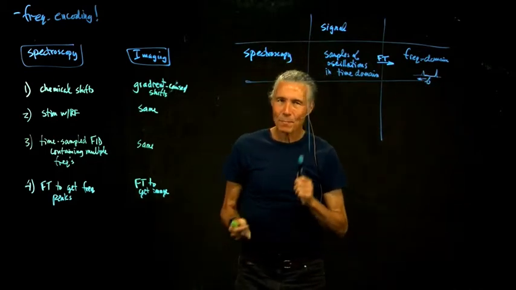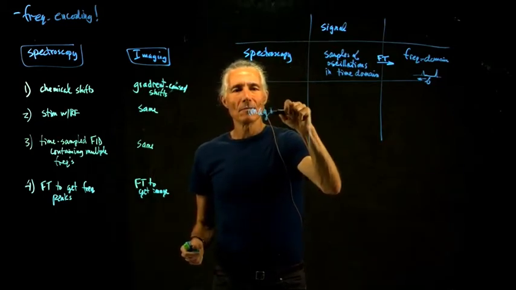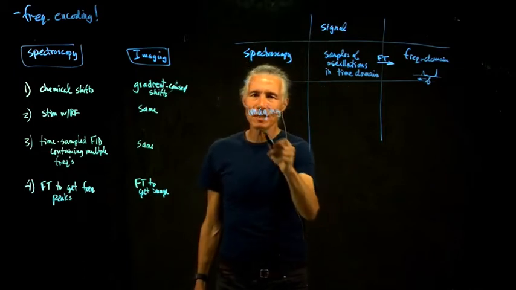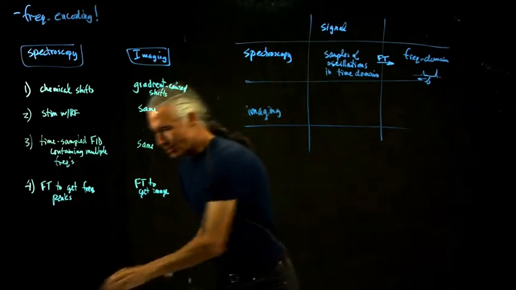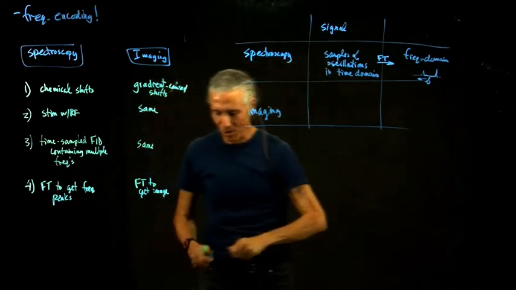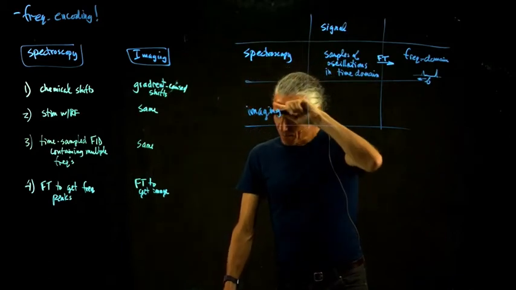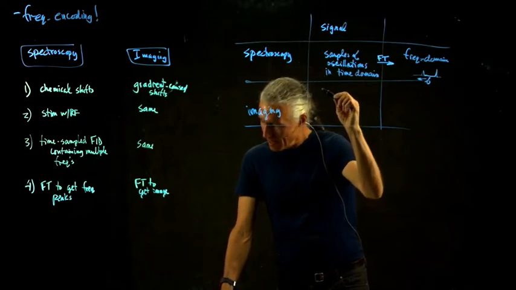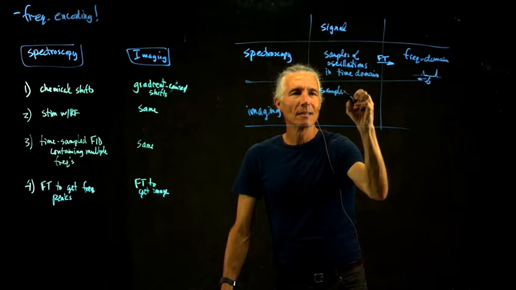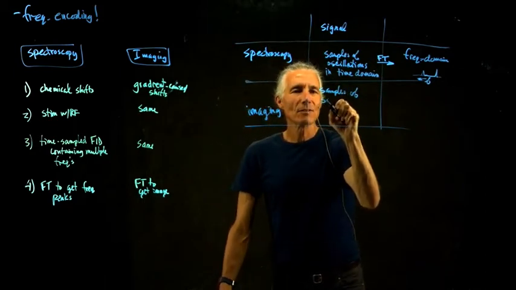So why is that a bad analogy for imaging? What I'm saying is that if you start thinking of imaging this way, you'll get stuck. It's a garden path, so don't think about it that way. Why? Because in imaging, we're sampling the FID, but we have samples of spatial frequency.